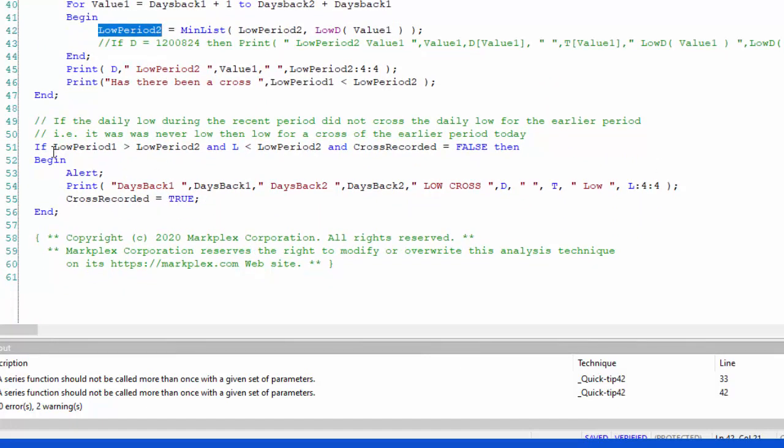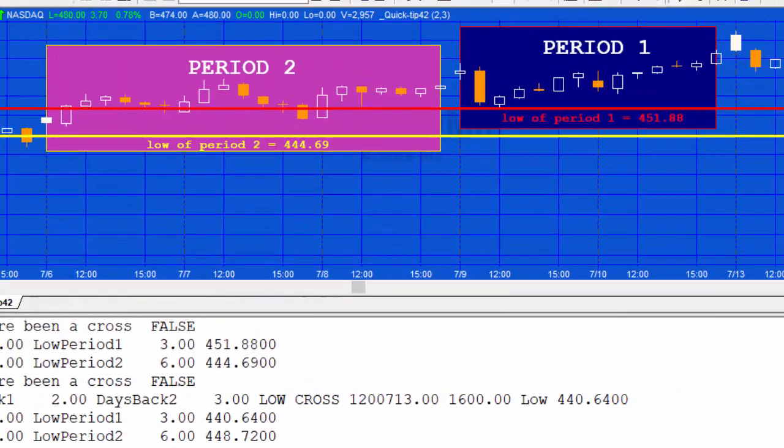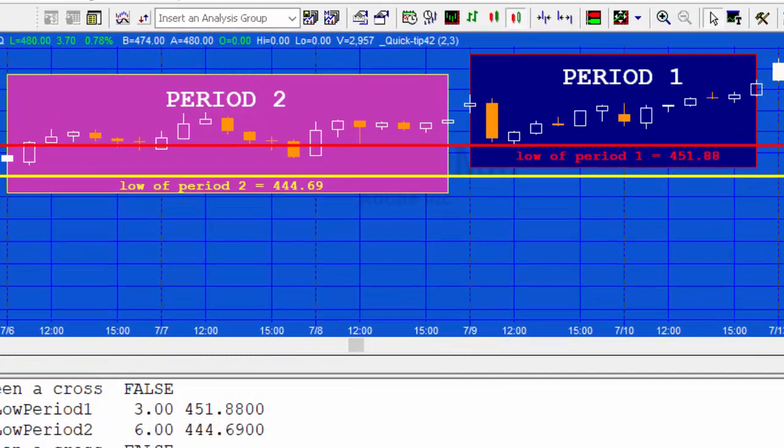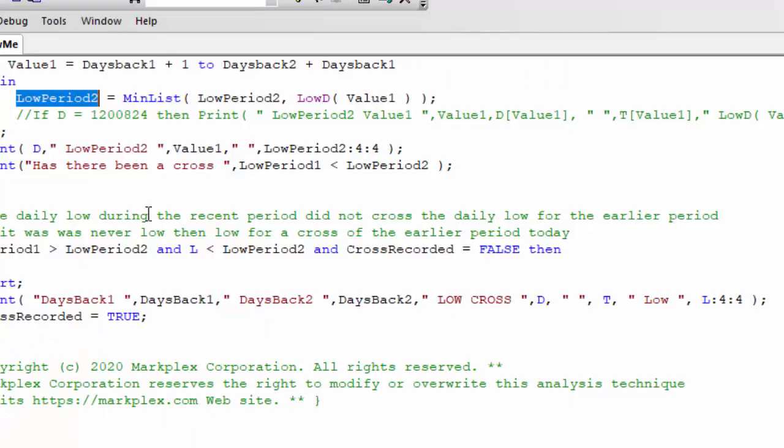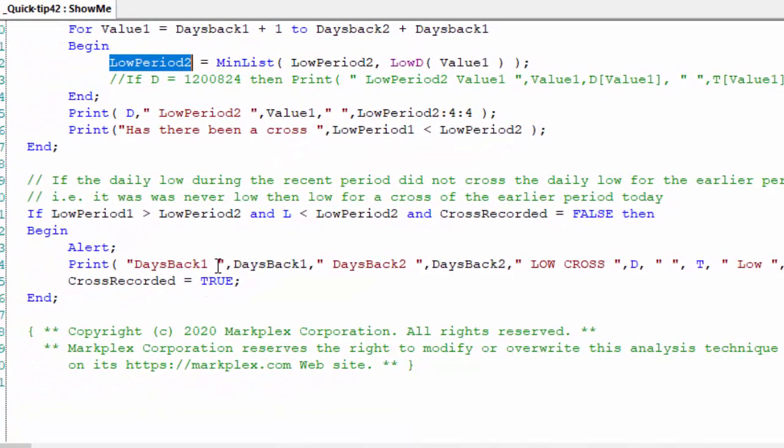Having done that, we can now look at the logic as to whether there's been a cross. So the logic was that low period 1 has got to be greater than low period 2. In our example, that means that the red line has got to be above the yellow line, and then we're simply saying if the low of the bar here is less than low period 2, in other words it's gone below that value, then we set the cross recorded to true, we also set an alert and print some information there.